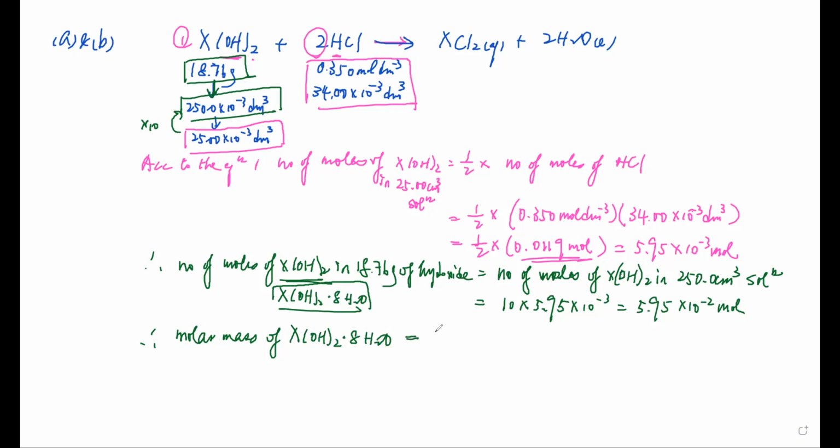We have got 18.76 gram, which is just the hydrated salt. Now, do not get confused between the two. It contains 8 waters of crystallization per mole. Of course, this is also equal to the number of moles of the hydrated salt, 1 to 1, right? So it is 5.95 times 10 to the power minus 2 mole.